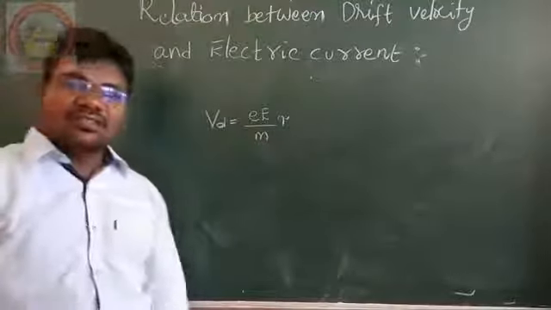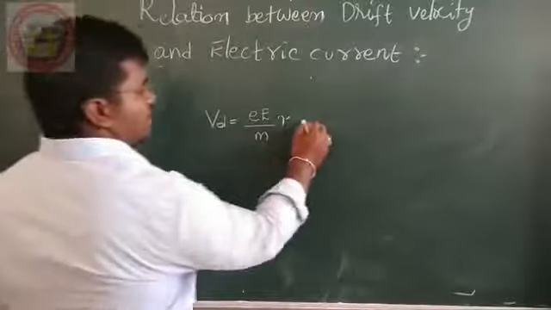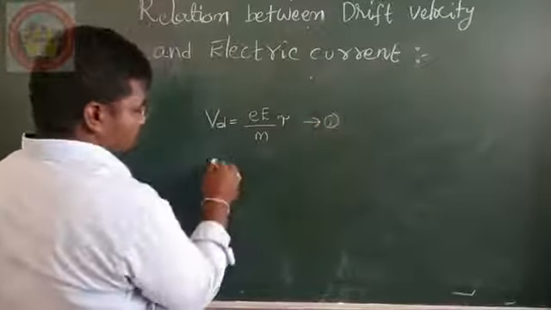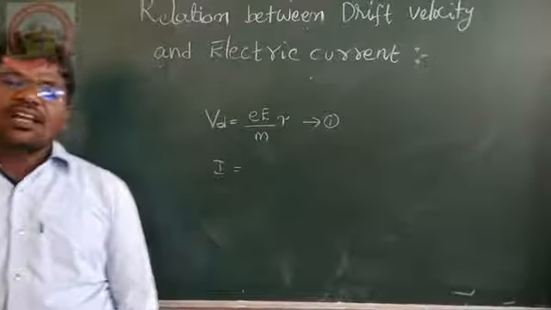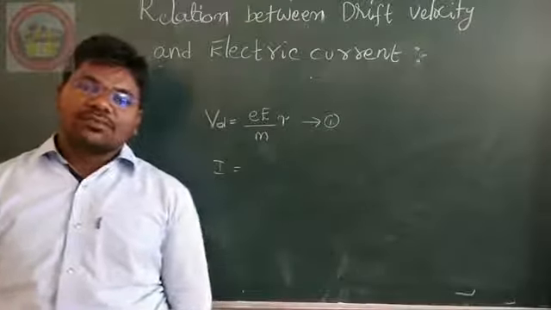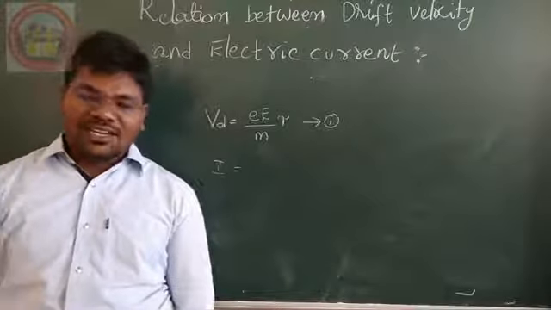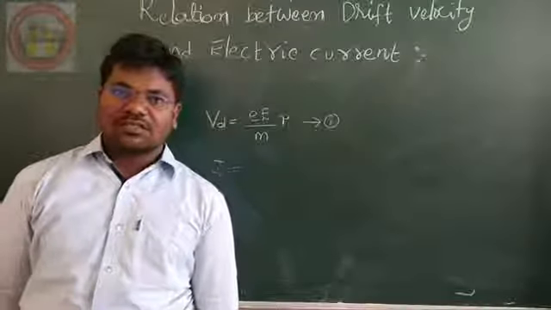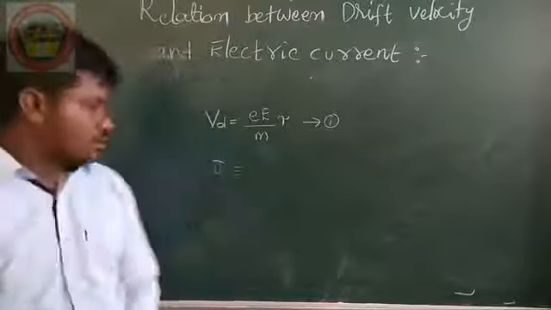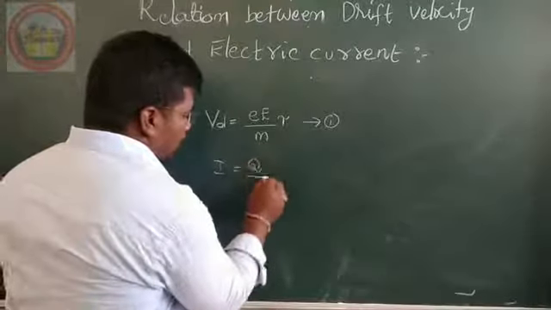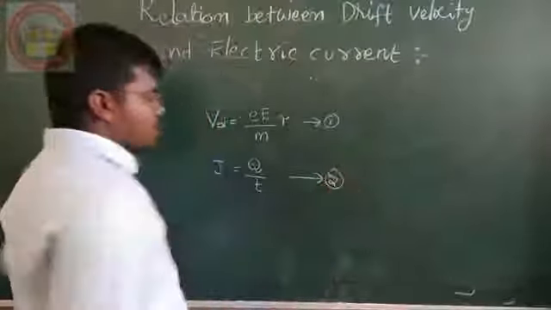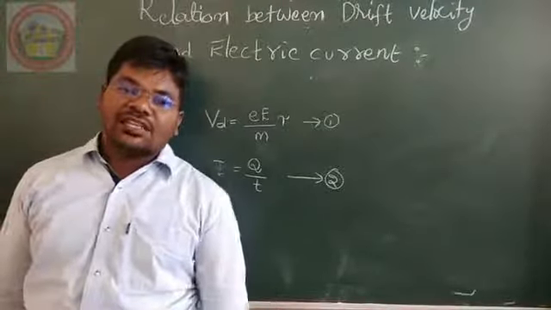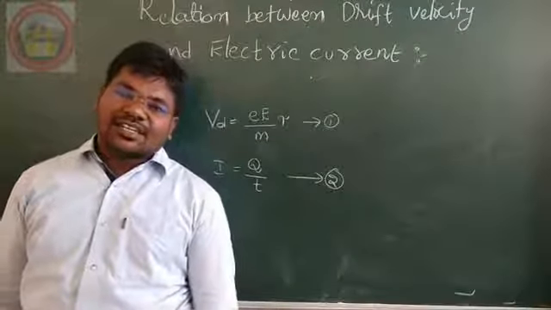Then what is current? Current I is the rate of flow of charges per unit time through any cross section area. So what is the formula? Yes, Q by t. Now we have to find the relation between drift velocity and electric current.